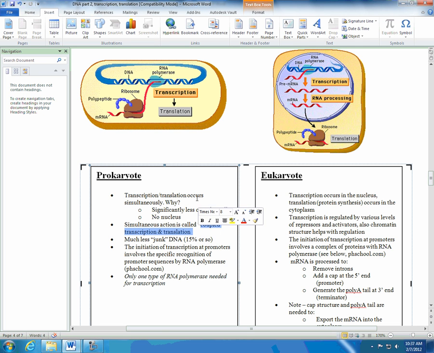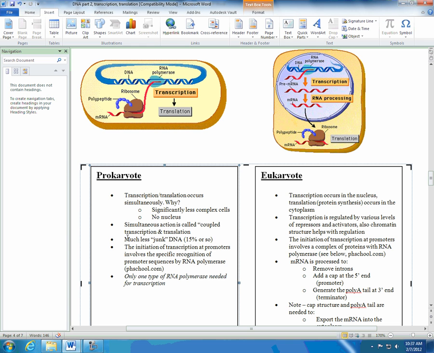One other thing to keep in mind is a prokaryote is typically something that has a short life compared to a eukaryote. You know, how many 80-year-old E. coli cells do you know? None. So where that would become important is, if something's going to live for a very short period of time, you want to have a process that's pretty quick. And so this eliminates a lot of steps that the eukaryotes go through.